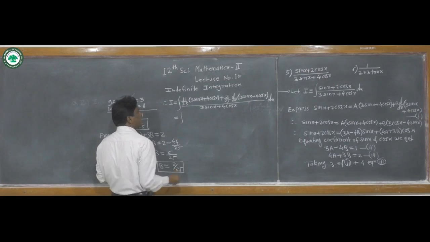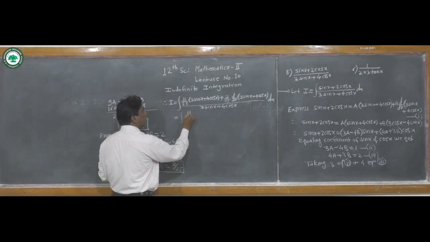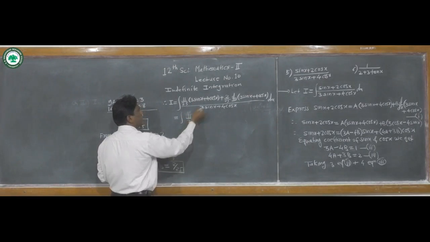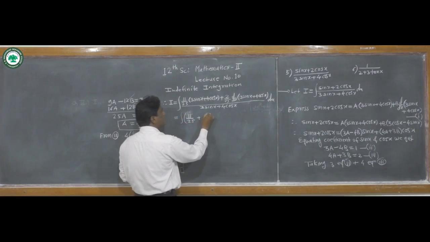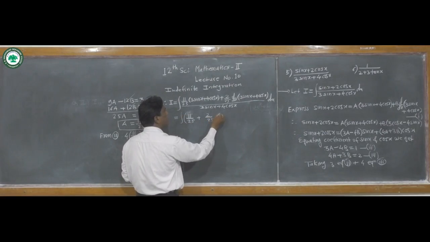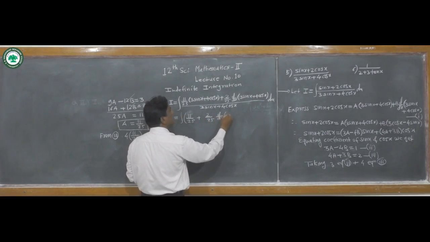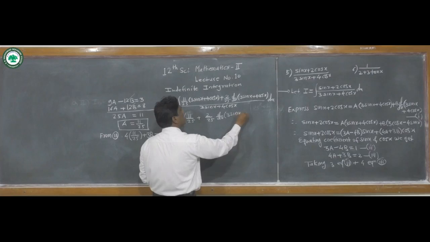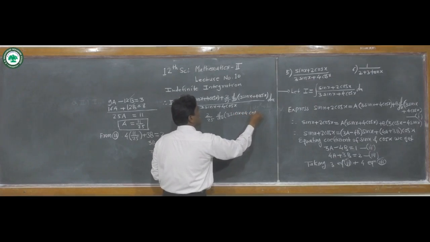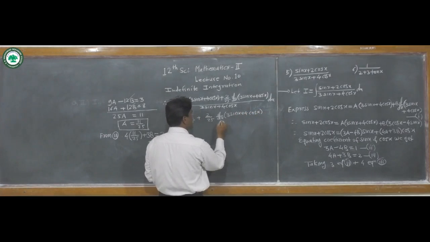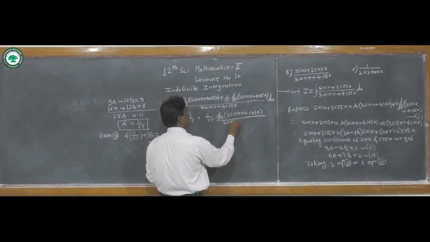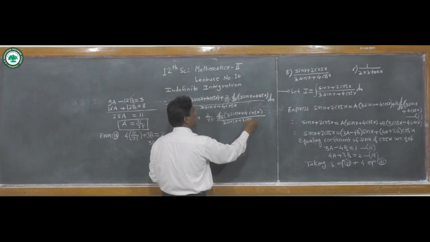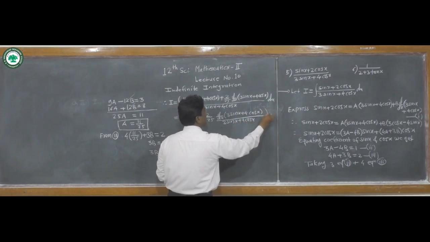And so it is integration of this 11 upon 25, because this and this get cancelled to each other, plus this 2 upon 25 into d by dx of 3 sin x plus 4 cos x divided by this denominator 3 sin x plus 4 cos x and here dx.